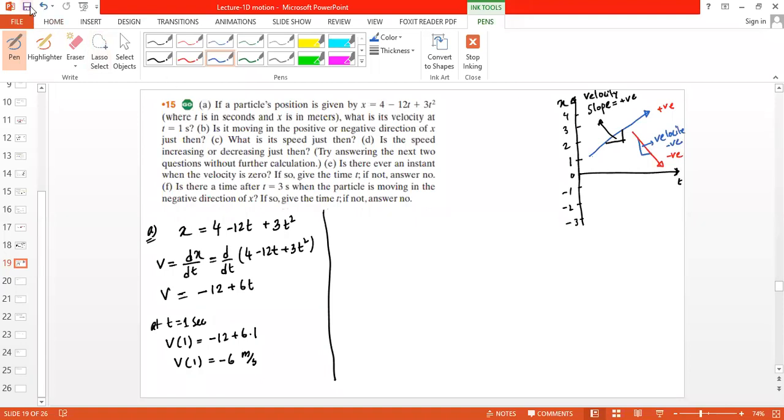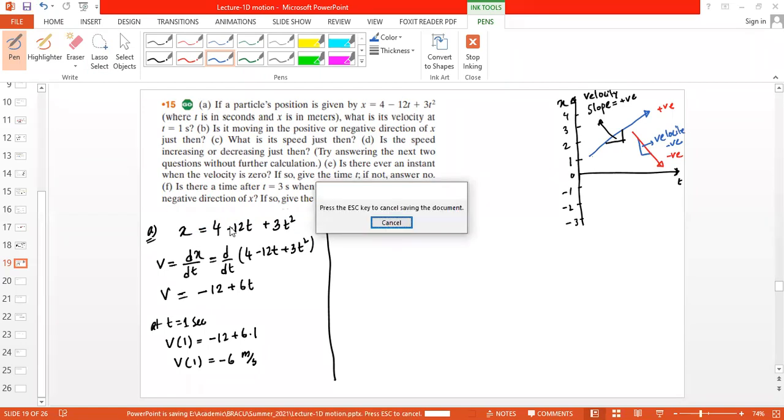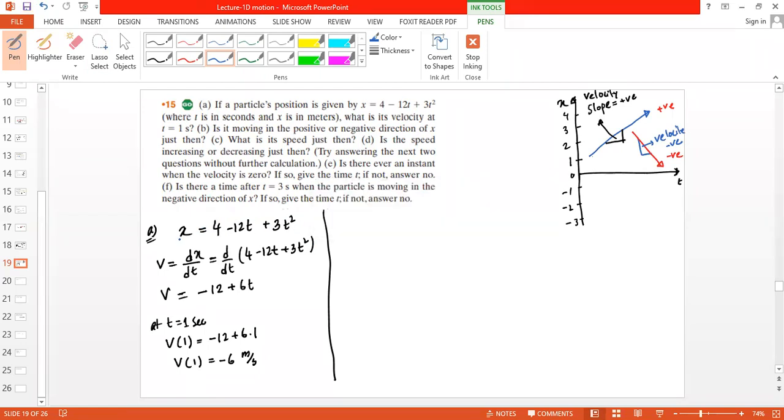Is it clear? That means if an equation of the position is given as a function of time, and no graph is given, just the equation, then by looking at the sign of the velocity or the slope, you can easily tell whether the object is moving along positive x direction or negative x direction.